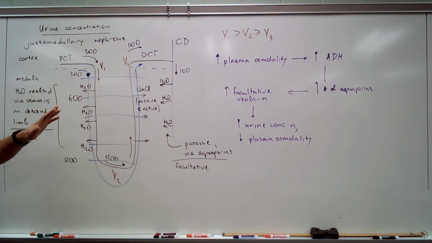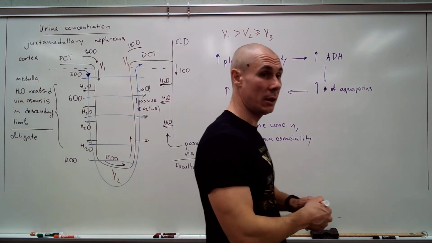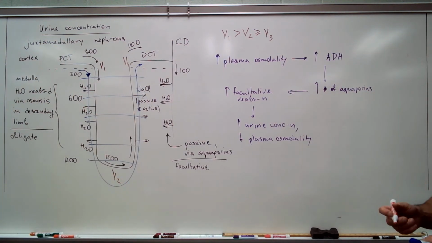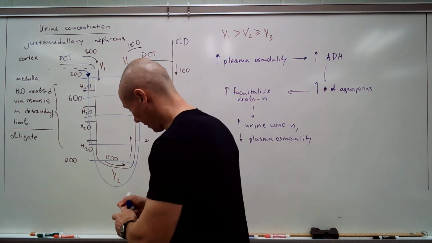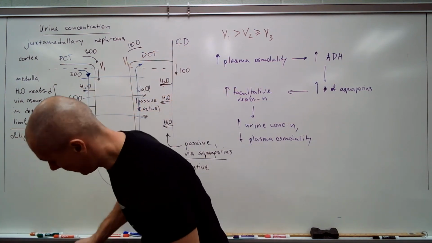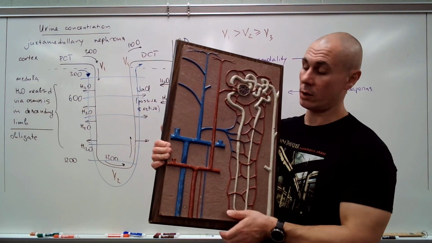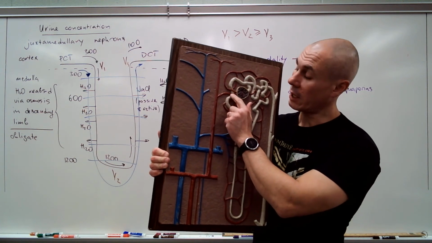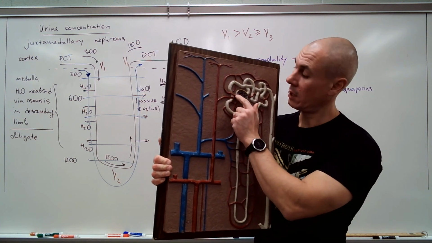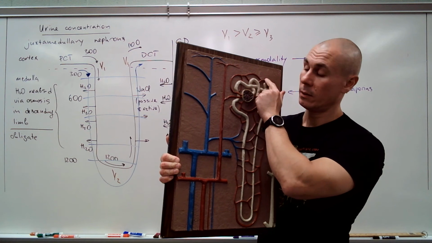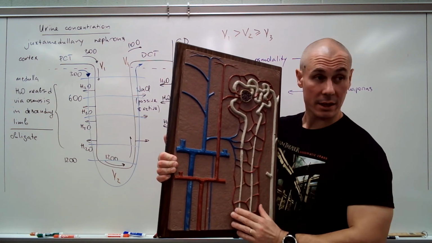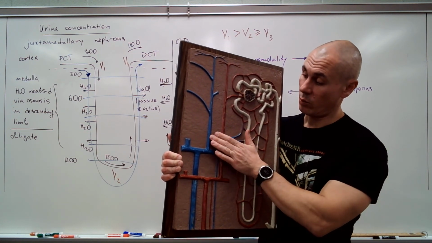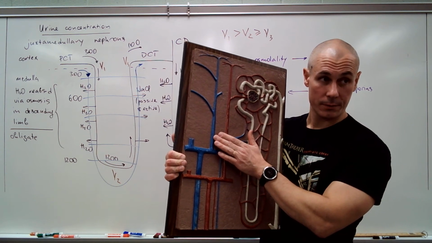But here's the thing. If you remember the order of blood vessels in the nephron, look at this. You've got afferent arteriole, efferent arteriole, vasa recta, postcapillary venule.